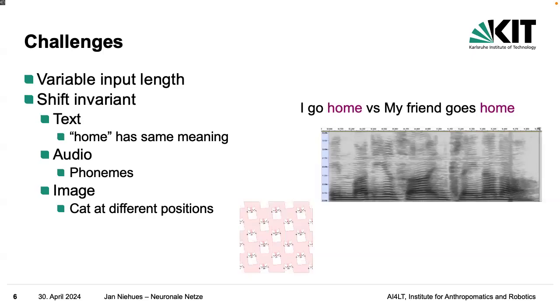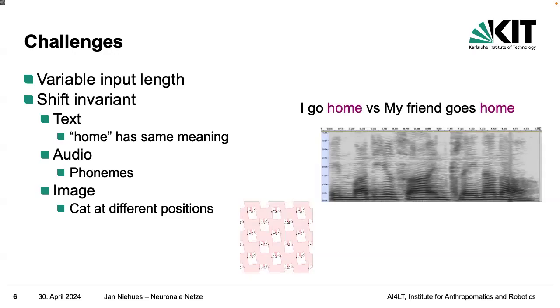If you remember, the easiest way to deal with it would be to concatenate all the word representations, and then the features for "home" would be completely different from the features for "home" at the fourth position. So you have to learn that "home" means something at the third position and independently learn that it needs to mean something at the fourth position. And this is, of course, very inefficient.